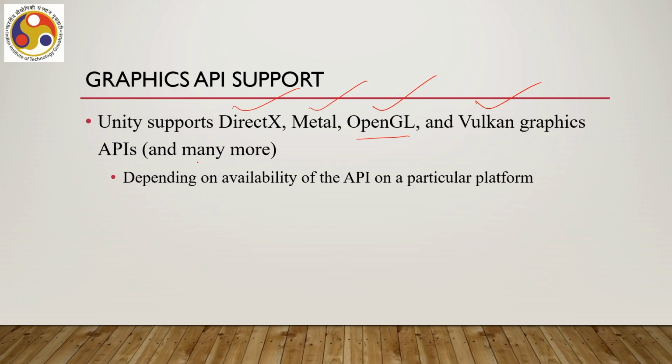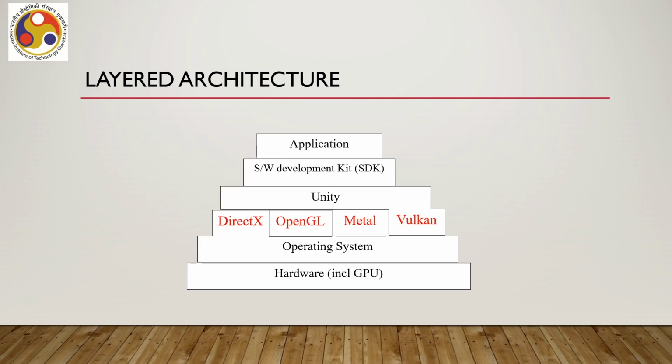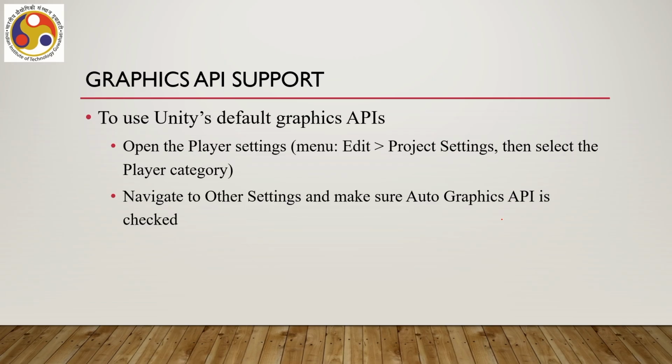Along with that, many more libraries are also supported, but these are the major ones. Depending on the availability of the API on a particular platform, the corresponding library can be supported. So, essentially at this layer of native library support, we have support for DirectX, OpenGL, Metal, Vulkan and many such libraries.